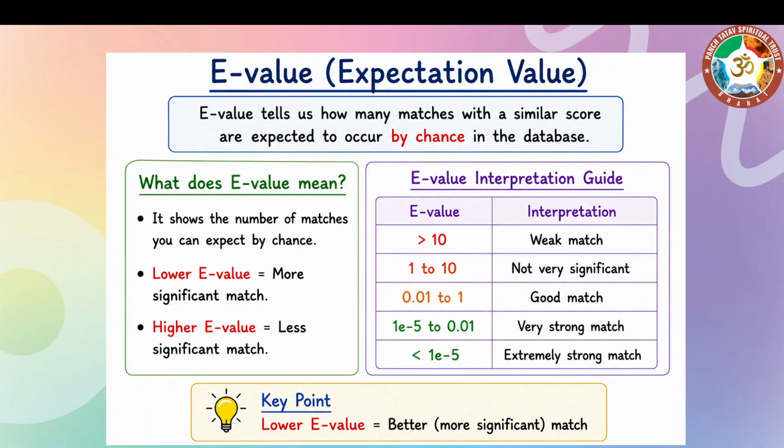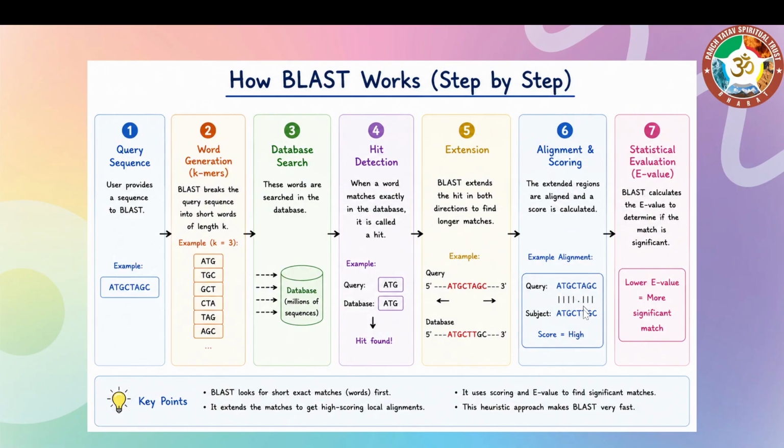So suppose that BLAST gives us a result with E-value 10. Okay, again let's come back to this example here. For example, this match here, BLAST gives us the E-value of this match as 10. So this means that we expect about 10 matches of this quality to occur simply by chance.